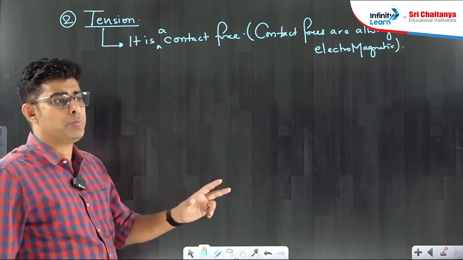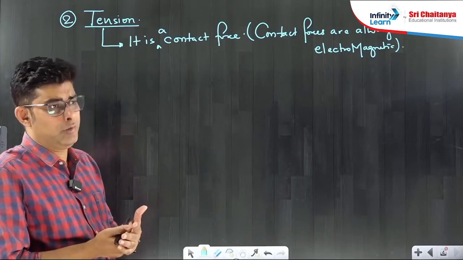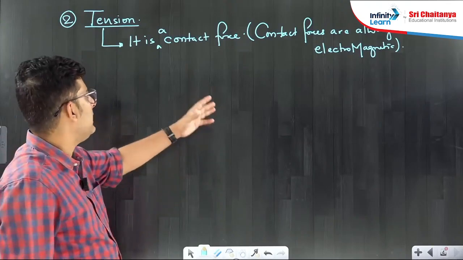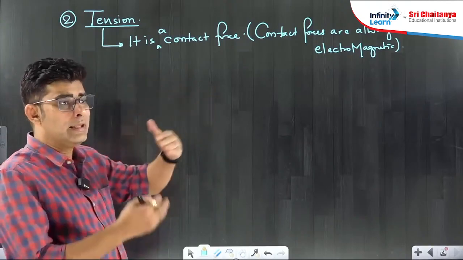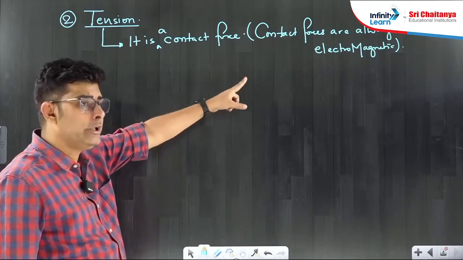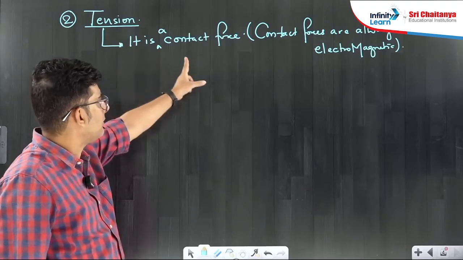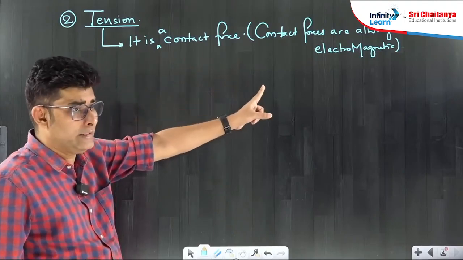It can be a push or pull, and that is due to sharing or transfer of electrons. One body, another body, they can either repel each other or they can attract each other. So it can be pulling or pushing. Contact force, tension is a contact force which is an electromagnetic force.